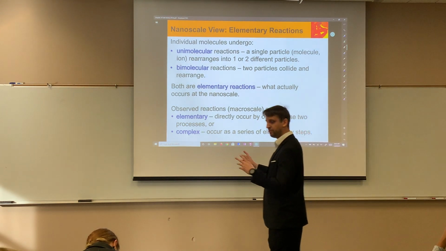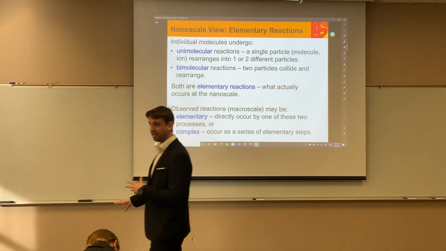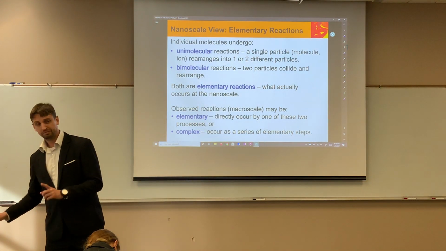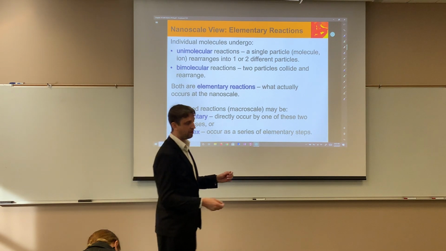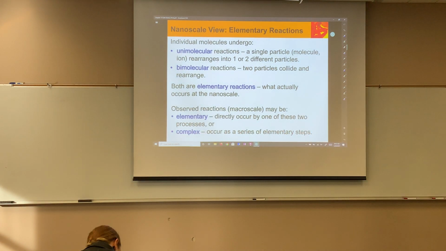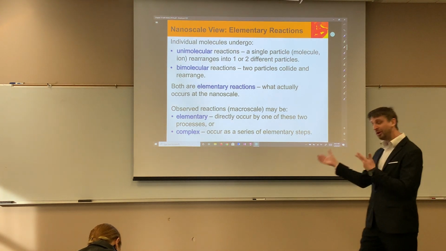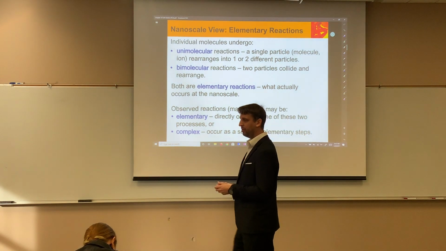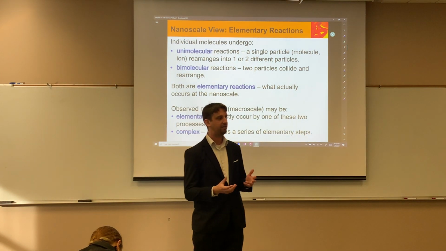Now, this is kind of a throwaway statement, but about halfway through OChem 1, we're going to learn exactly where this comes back to bite you in the butt. I promise it's very, very important, but we don't deal with it too much in this class.